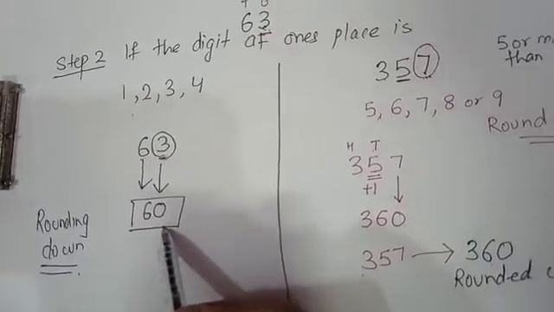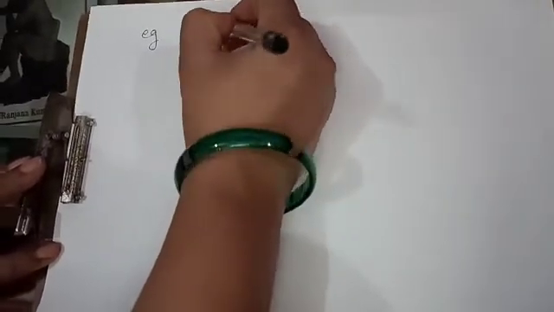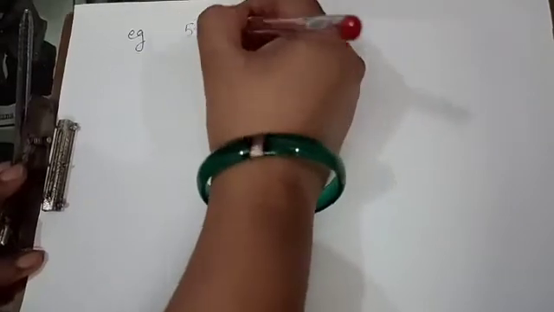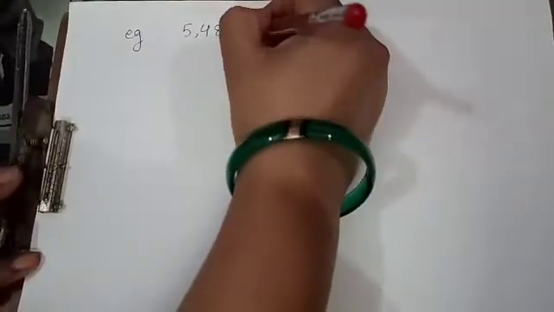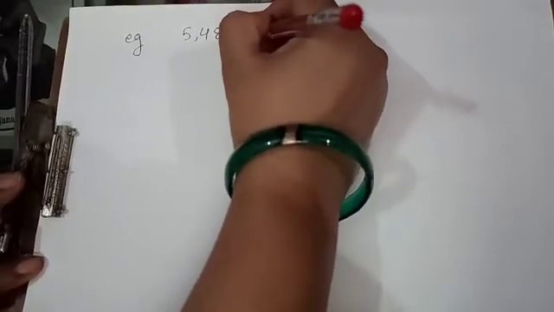Let's take another example. So I am taking the example 5486. So what is our first rule? You have to look at the digit at ones place. So this is the digit at ones place. So you have to look at it with your eyes.